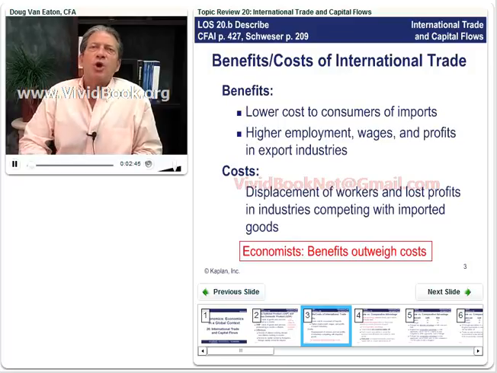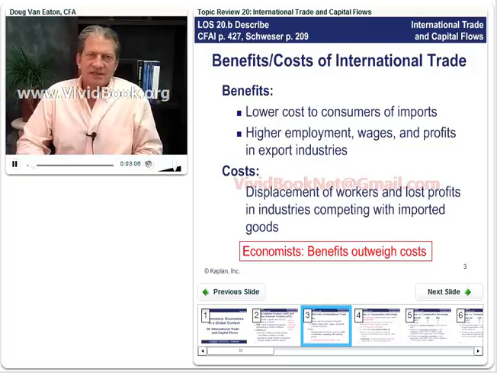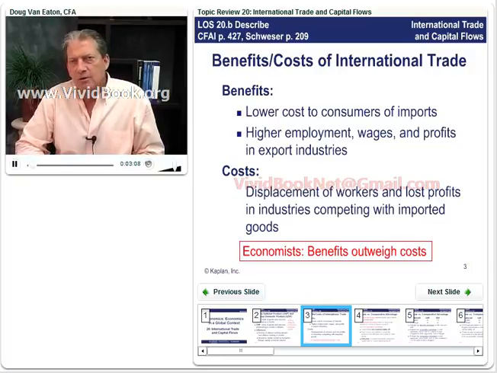Now there are some costs of free trade, but they're not overall, they're on particular groups. So the costs are on the displacement of workers and lost profits in industries competing with imported goods. So it's not just costs placed on the workers, but also on the producers. So take an example of textile manufacturing. Okay. The U.S. has lost a lot of textile manufacturing business over the last couple of decades.